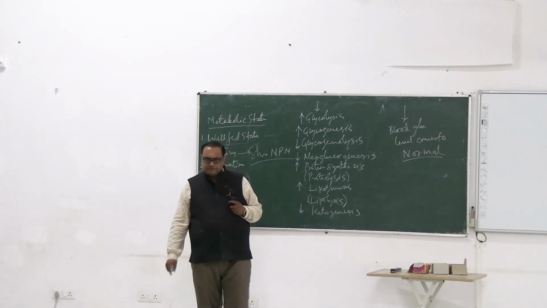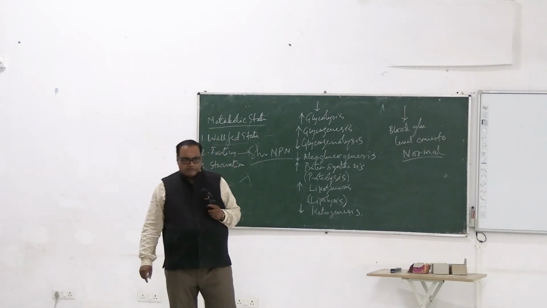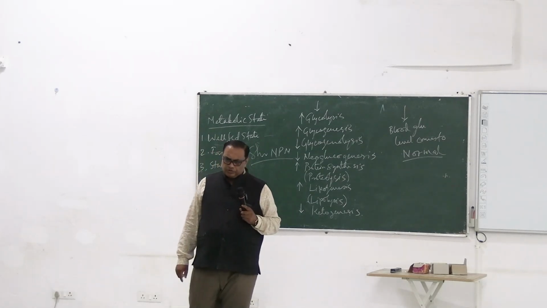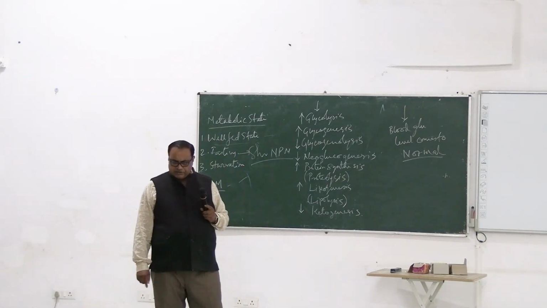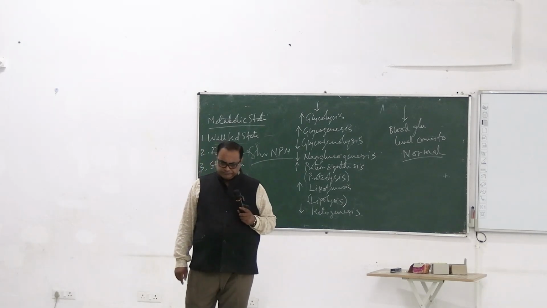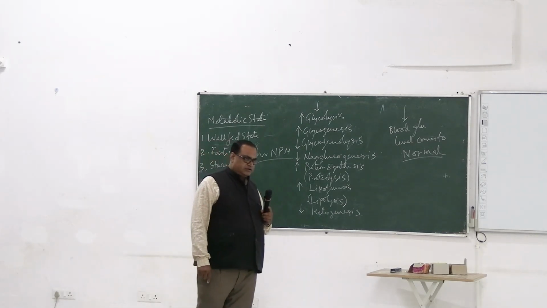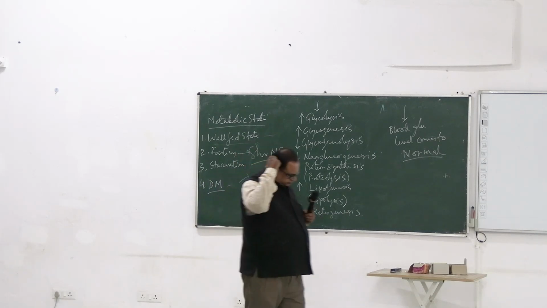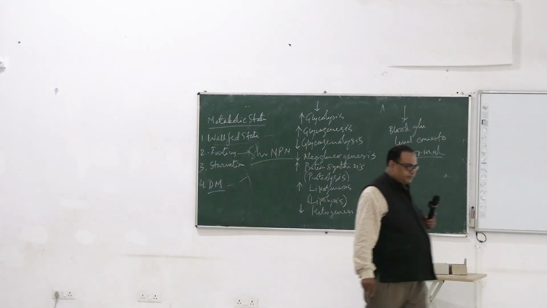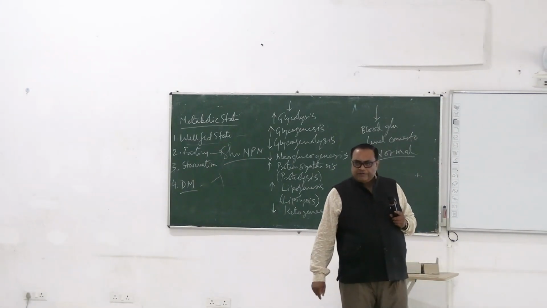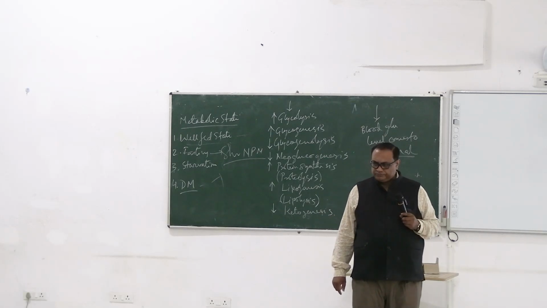Clear? Now, if you go for this 8-hour fasting, then your blood glucose level tends to fall. See, start writing. Fasting for 8 hours or more, arrow.